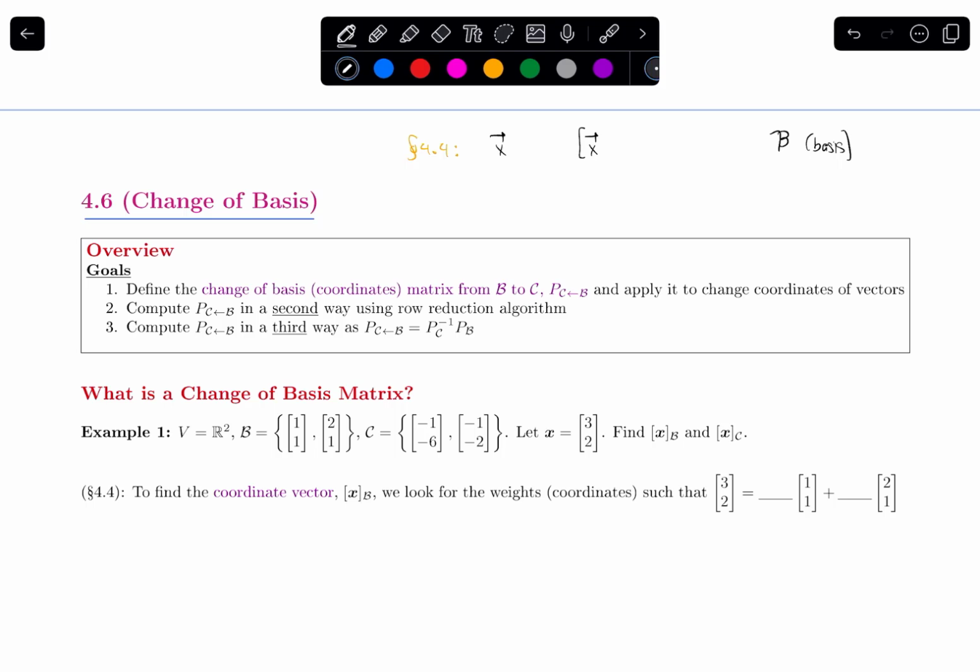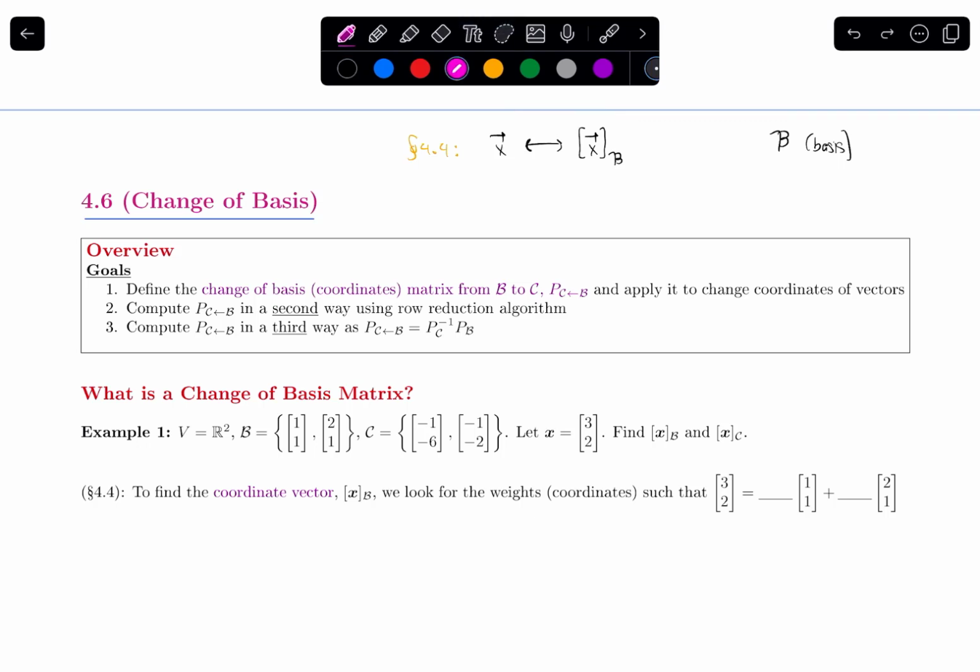My notation for that coordinate vector was we put brackets around x and then subscript b. So we talked about how you can go back and forth between having the original vector x, getting the coordinate vector, or vice versa. If I was given the coordinate vector, how I can recover the original vector x.